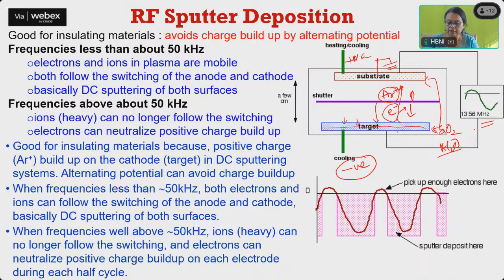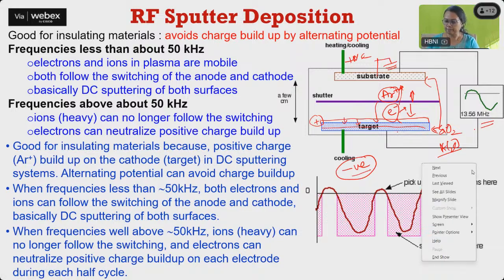It is not moving out. So this becomes positively charged in case of DC. Though it is negative, here we have got a space charge layer, so it will stop.